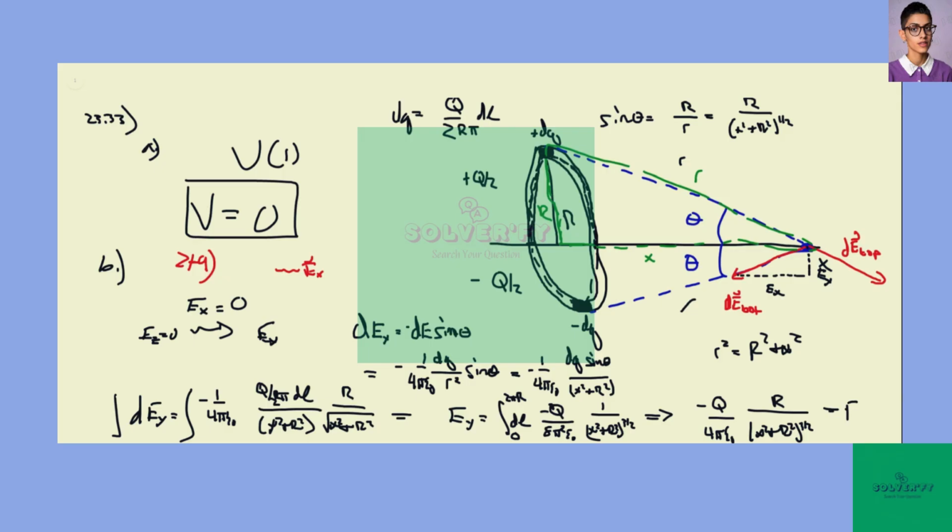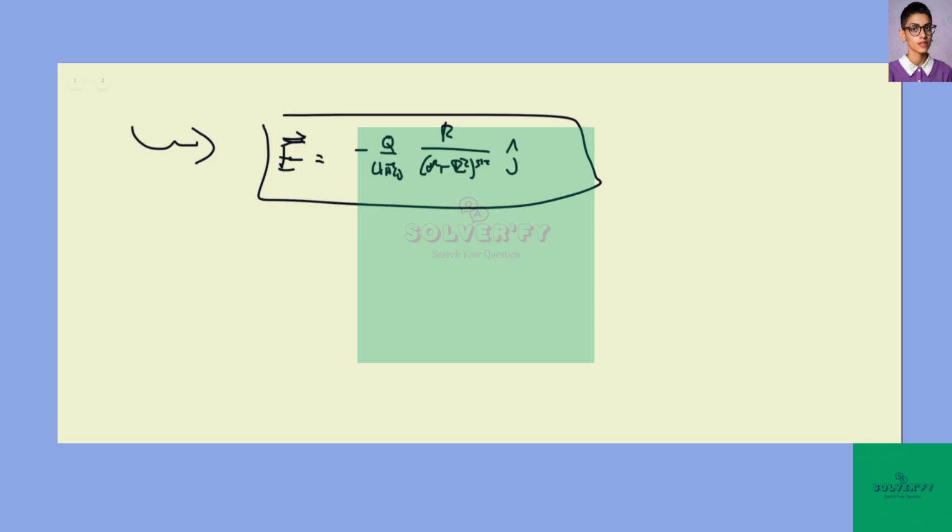And this is Ey. So now we know all the other components are 0, so the E vector is written as -Q over 4 pi epsilon naught, R over x squared plus R squared to the 3/2, j. Cool. We should also note that we could simplify this in some corner cases, and one that we usually might see is that x is much, much greater than the radius of the ring.